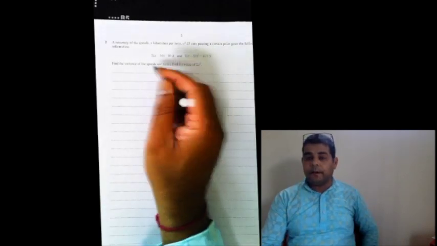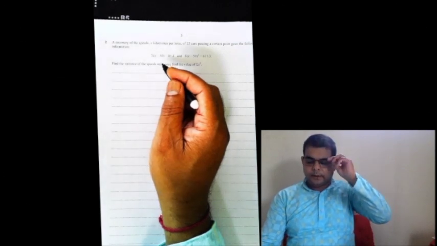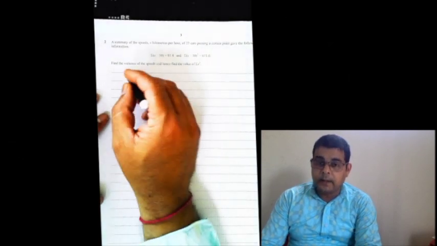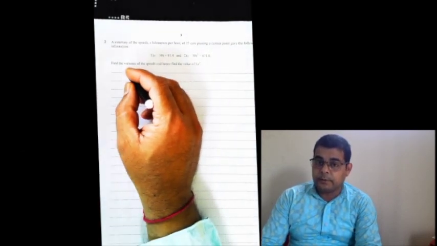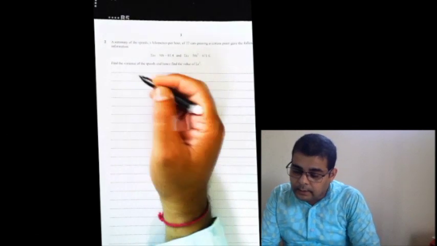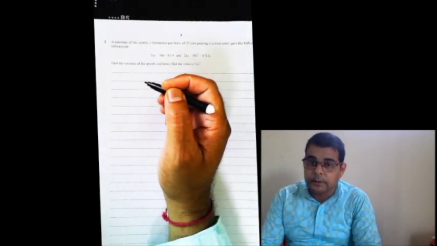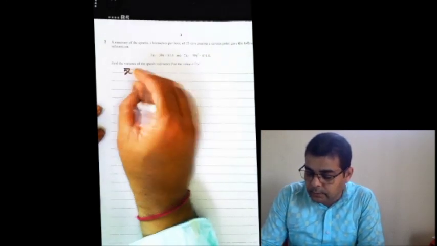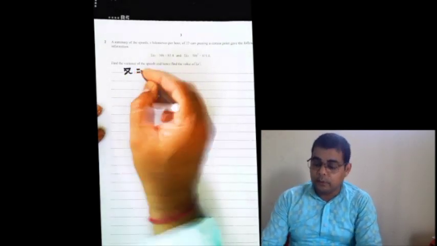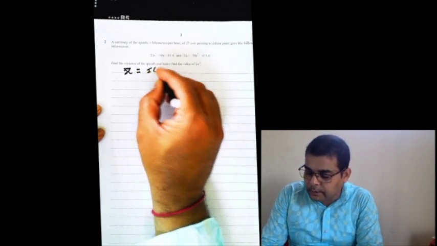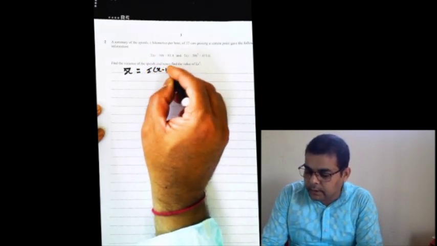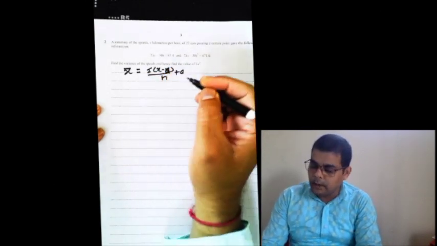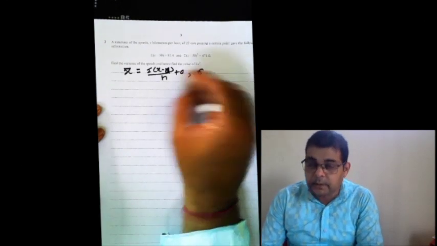Okay, so in order to find the variance, let's see what we can do here. First of all, I had explained in my previous two classes, and I had highlighted the formula by coding method in this class also. My x bar formula by using the coding method was summation of x minus a divided by n plus this a value, and sigma, so variance means you have to find sigma squared.